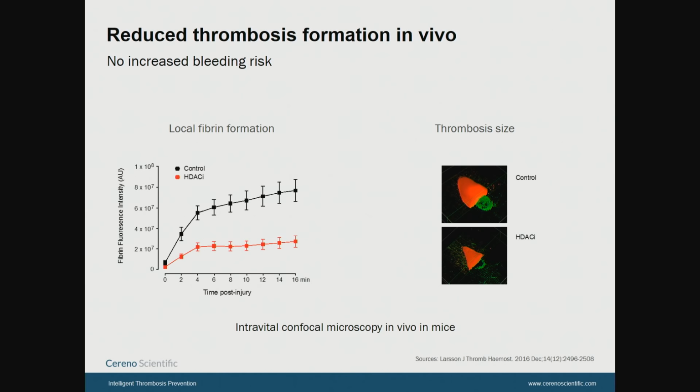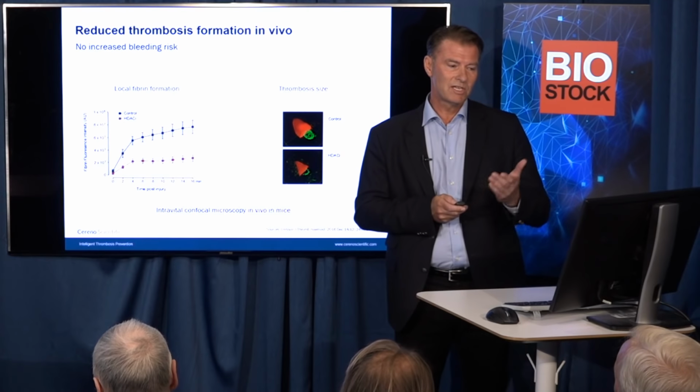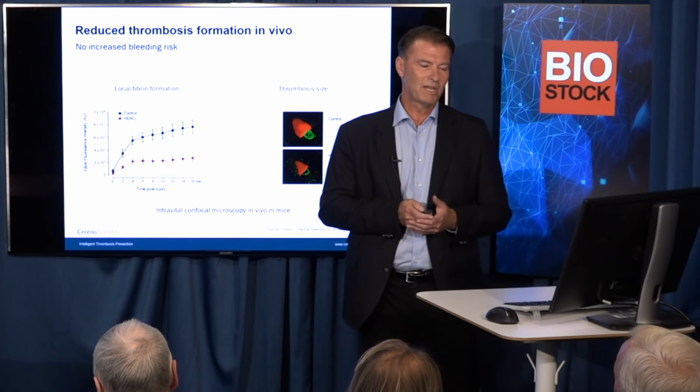And the treated group is the red line and the control group is the black line. And you can see already after 2 minutes, in the very beginning, there is a significant difference between the curves. So there's much less thrombosis buildup in the mouse that was pre-treated. So it has a defense mechanism already against infarct, if you will. And the photograph shows the size of the thrombosis in the two, treated and pre-treated. And you can see it's much less in the lower picture.